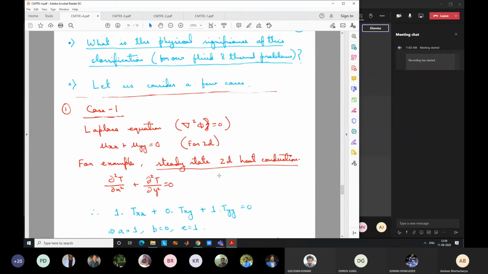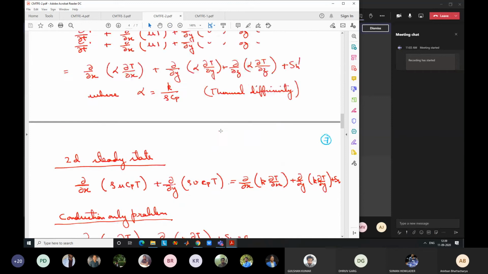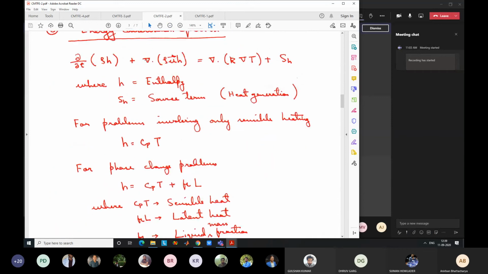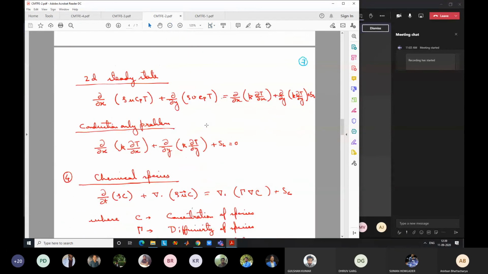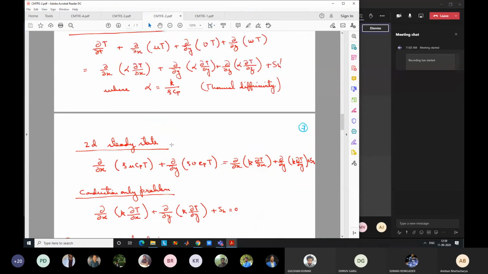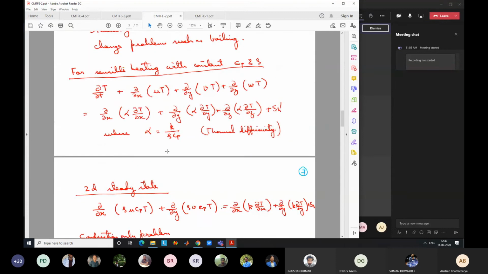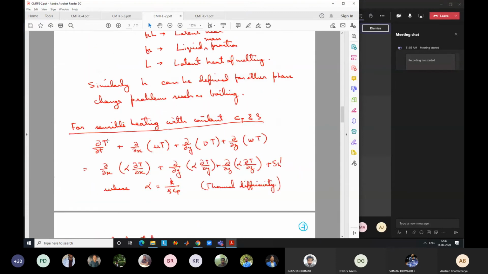Steady state 2D heat conduction problem. For a steady state 2D heat conduction problem, going back to our conservation equation, anyway you know, but I will simplify just to connect all the dots. This was the equation in general, the energy equation for sensible heating, forgetting the enthalpy term.